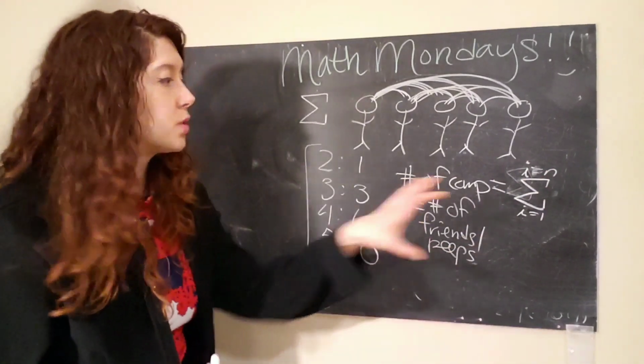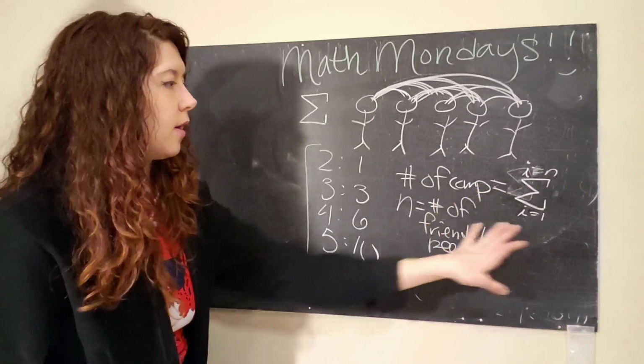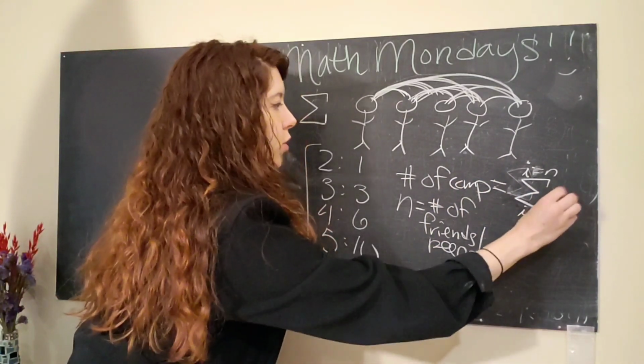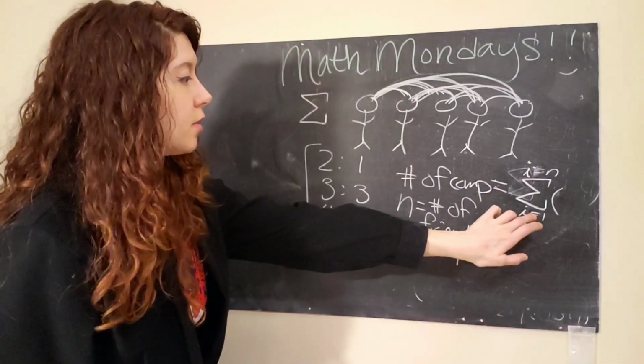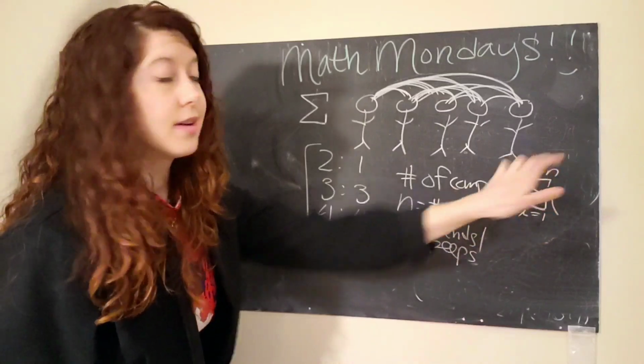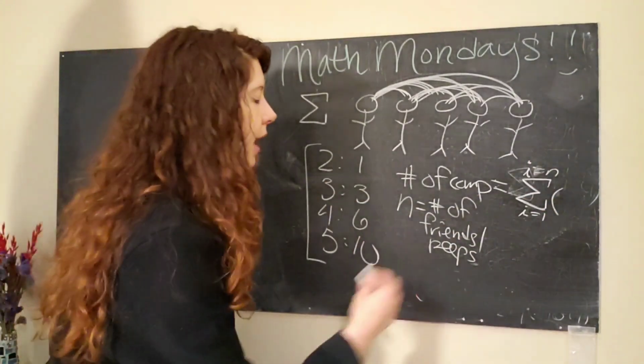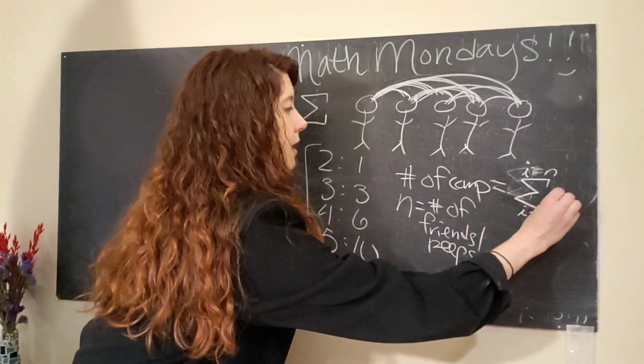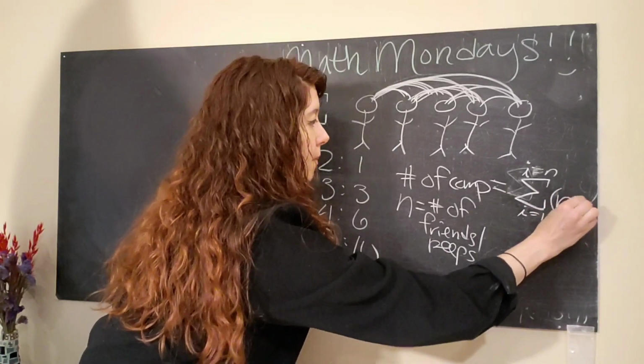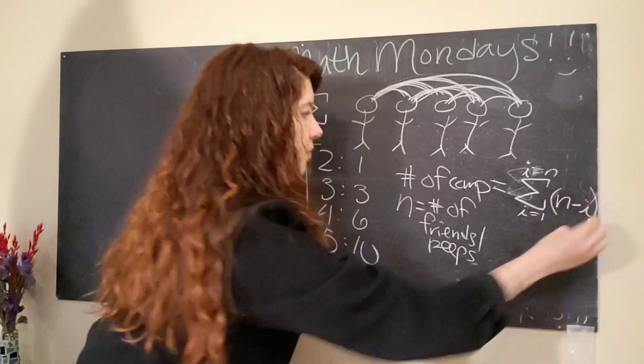So we are going to sum the term to the right, starting at i equals 1 until i equals n. And what we are going to sum is the total number of people minus our index.